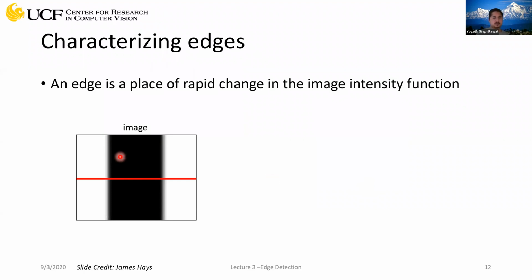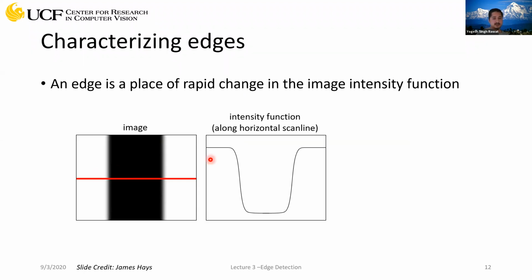Now, we know that if there is a rapid change in the intensity, then we will observe edges. If you plot this change in intensity as a function, you will see something like this. White is high, black is low. As you move from this point to this point along this red line, this shows the intensity at each pixel location.